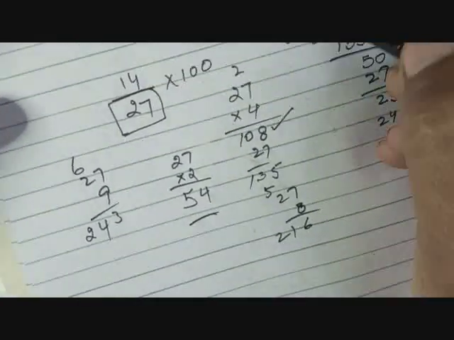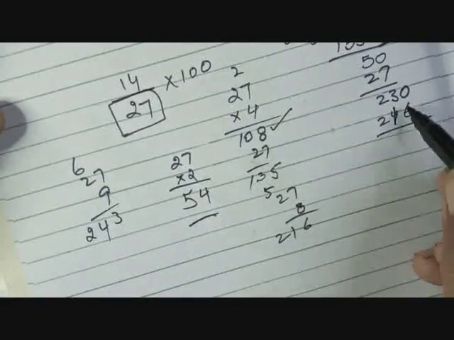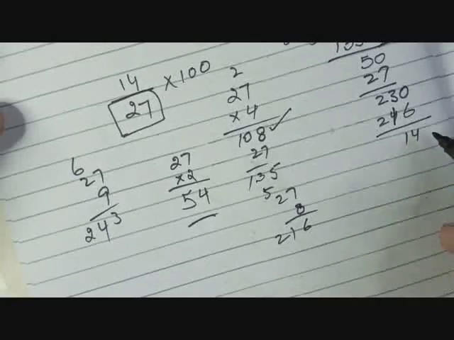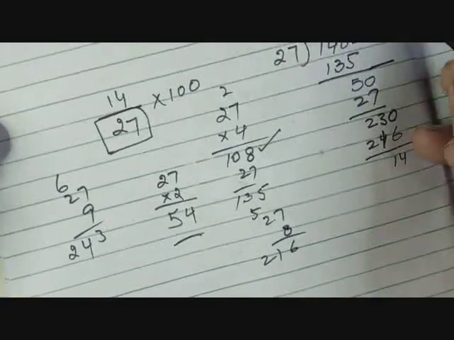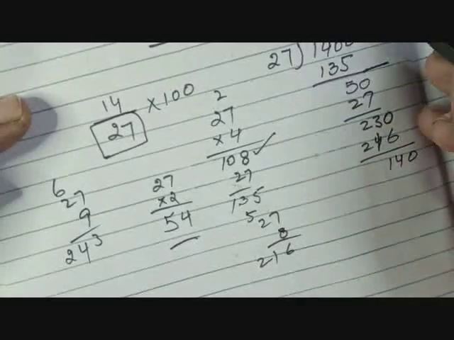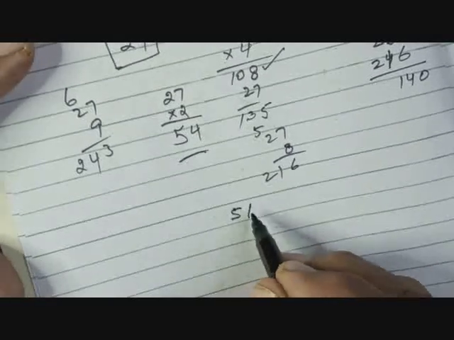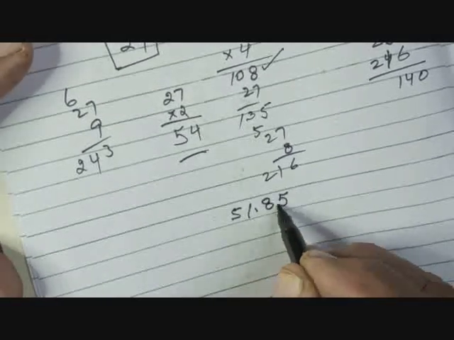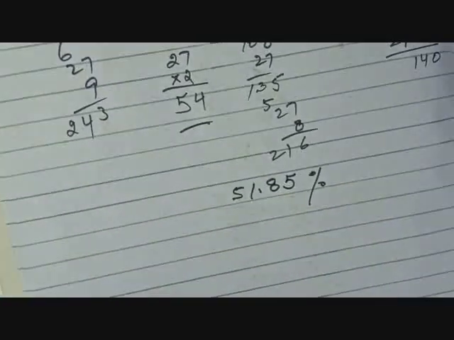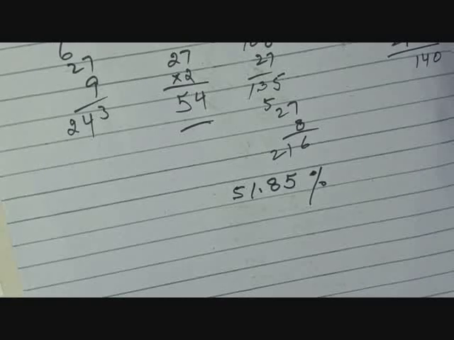So 27 8 times will come, and now it is 14 out of it. And finally for the second, it is again 0, and again 5 here. So up to two significant figures, it is 51.85%. So approximately, I told you that it is almost equal to 50%.